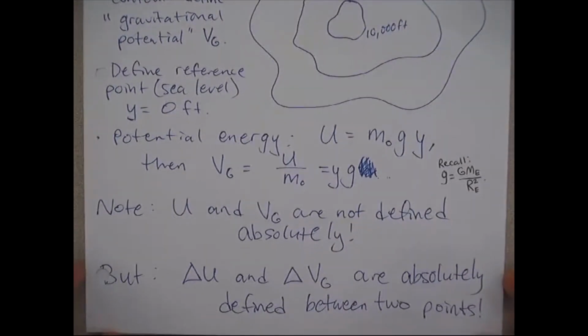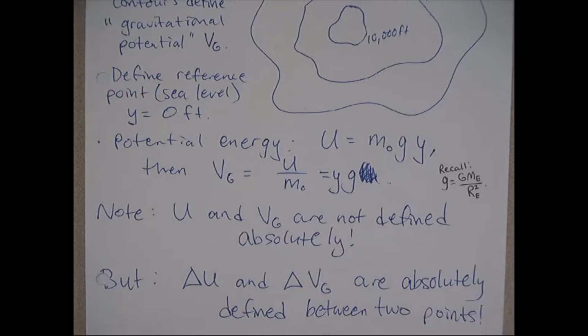But always bear in mind that the gravitational potential energy and this new concept we're calling the gravitational potential are not absolutely defined, meaning their values depend on the reference point. However, the changes in gravitational potential energy and changes in gravitational potential are absolutely defined between 2 points in space.